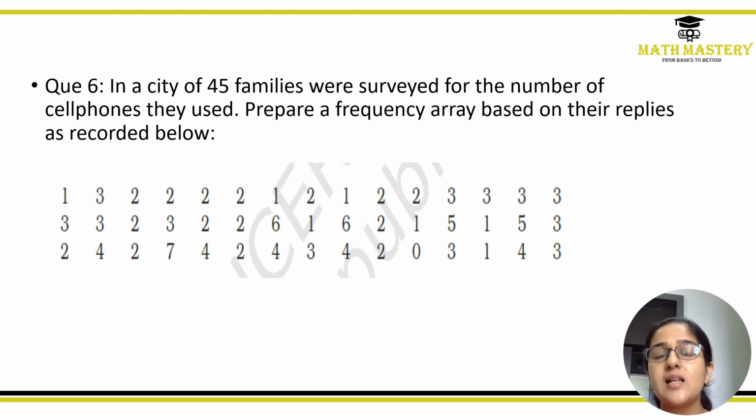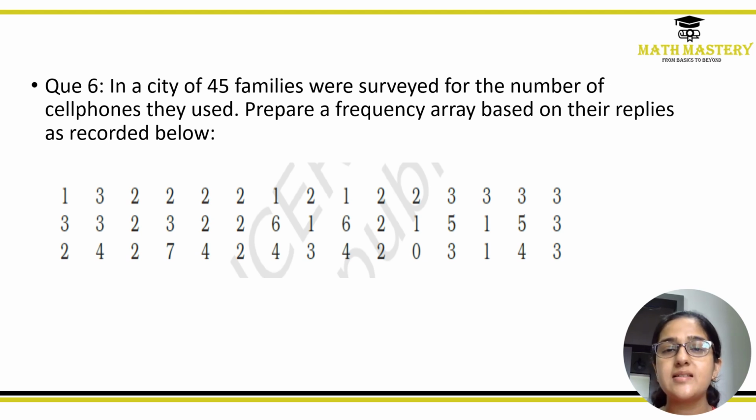A frequency array is basically used for data which is discrete in nature. Discrete means, for example in this case, the values can take only whole numbers. It cannot take any value. Also, in a frequency array, we take discrete values and the frequency corresponding to them. We do not take class intervals.